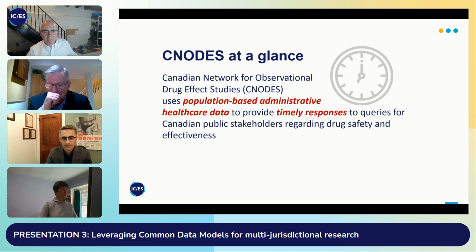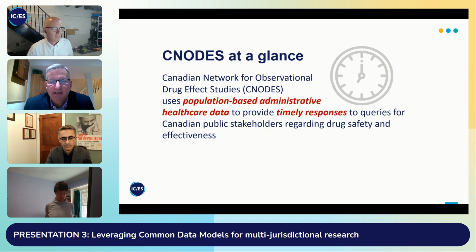So for those of you who aren't familiar with CNODES, we are the Canadian Network for Observational Drug Effect Studies. And the network is comprised of essentially a national distributed team of pharmacoepidemiologists who have access to provincial administrative health data. We're currently funded by CADTH, the Canadian Agency for Drugs and Technologies in Health, that was actually yesterday renamed Canada's Drug Agency.